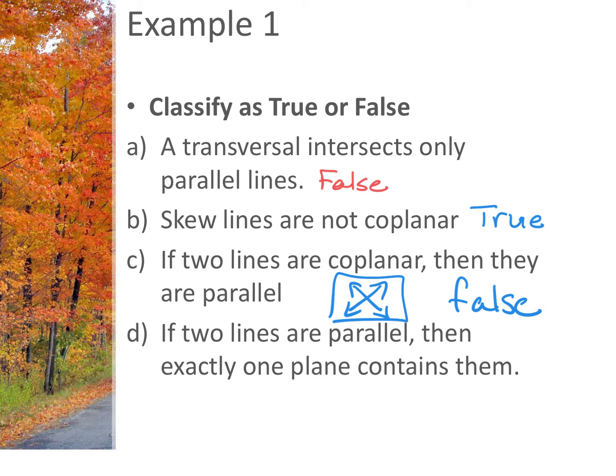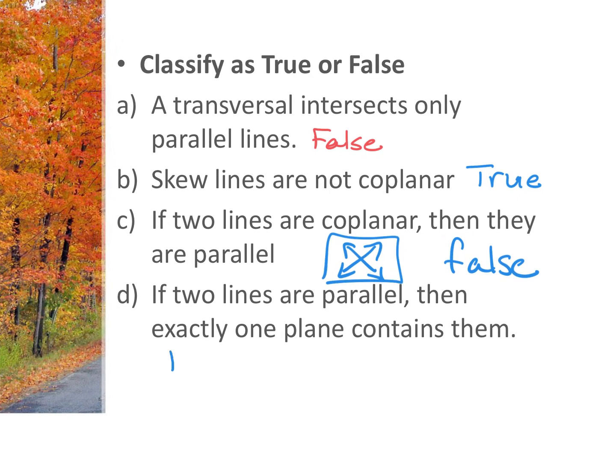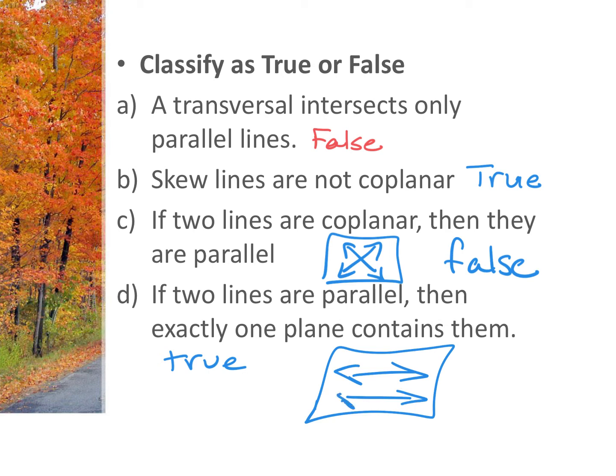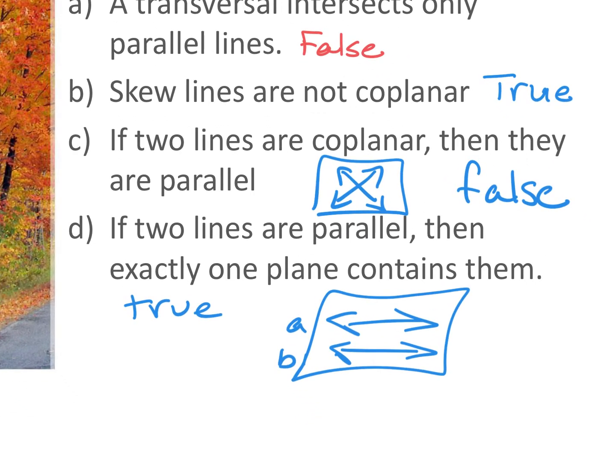Then the last one here, if 2 lines are parallel, then exactly 1 plane contains them. And this one's true. So if I draw a plane and draw my 2 lines, I could call them A and B. One thing I'm going to show you is that when there are little arrows on the lines, these little arrows indicate that line A is parallel to B. These arrows aren't congruency marks.